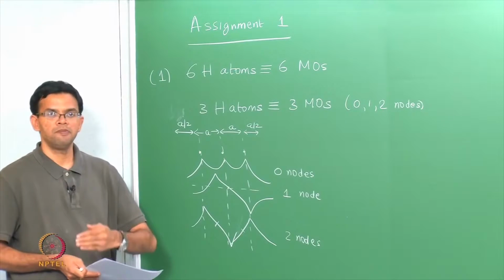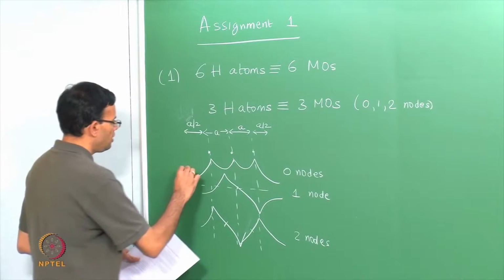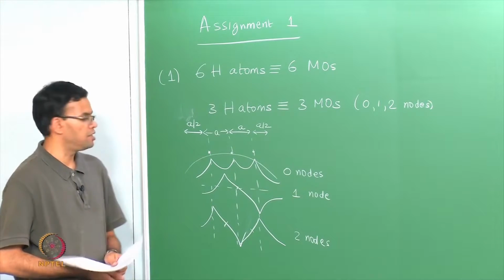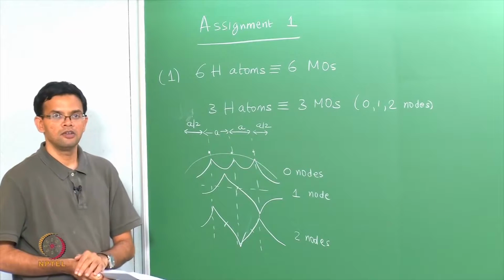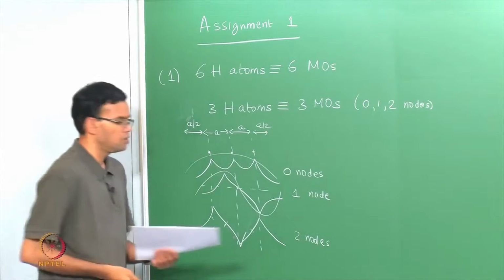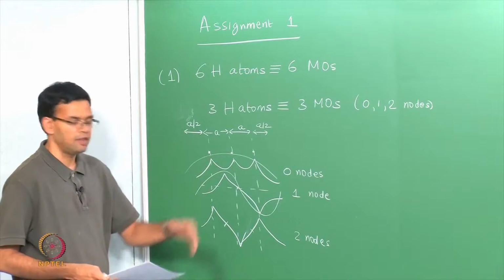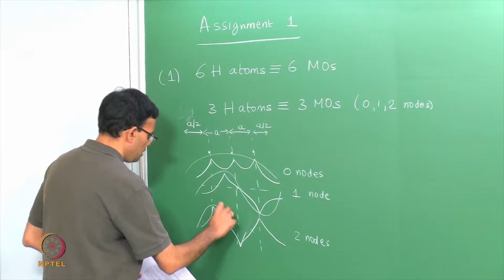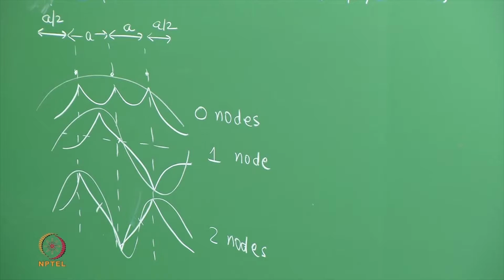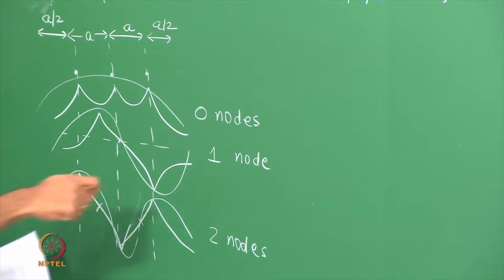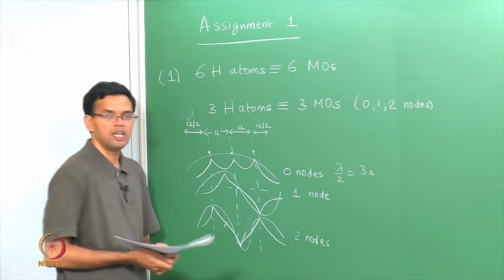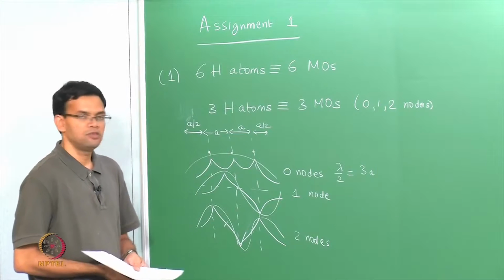If you look at the concept behind drawing the nodes, you can think of a wave that essentially encompasses all the 3 hydrogen atoms. In this particular case, you have half a wave. Here you have one full wave, so you have both the up and the down, and here you have 1.5 waves. If lambda is the wavelength of this wave, then in the first case with 0 nodes, you had lambda by 2 equal to 3a.